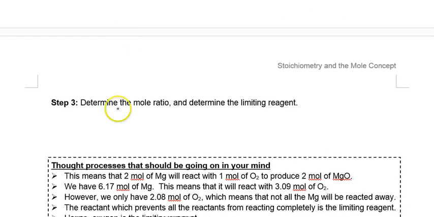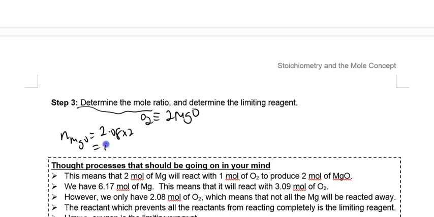So now let's calculate the answer. Determine the mole ratio. We know that O2 is equivalent to 2 MgO. So my number of moles of my MgO is 2.08 times 2. This is 4.16 moles.